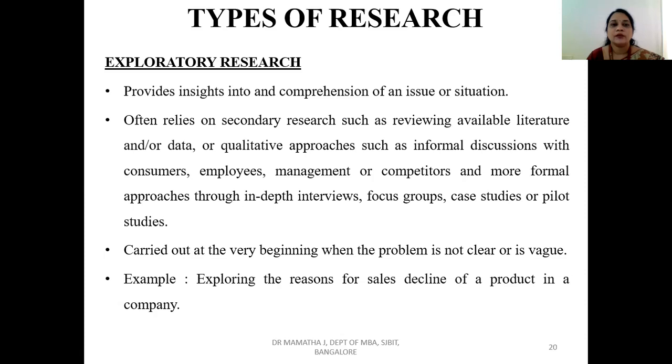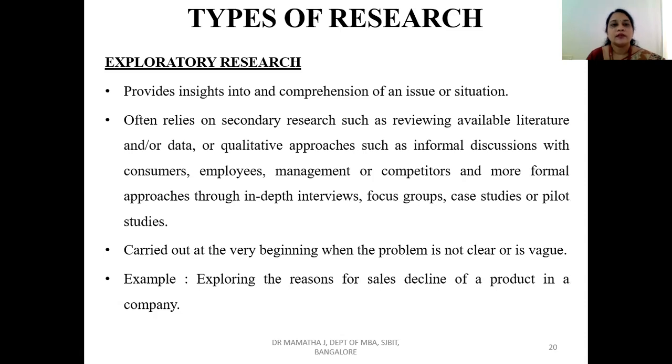As I told you, this provides you some insights about an issue. Suppose you are interested in a particular domain or situation or issue, and you don't have much knowledge about it. You want to gain more and more information about the topic, so you take up an exploratory research to understand it.